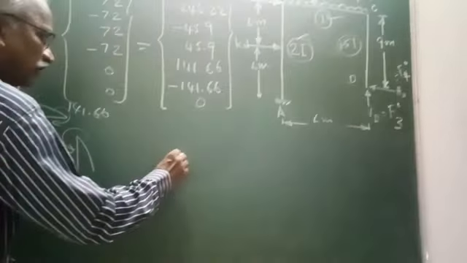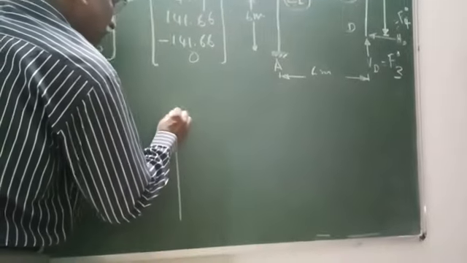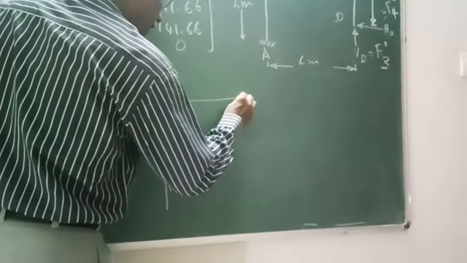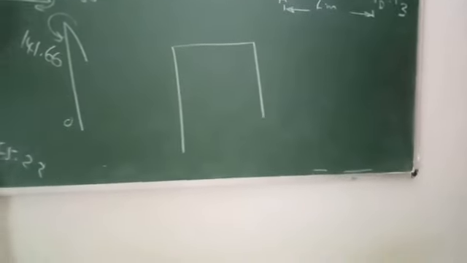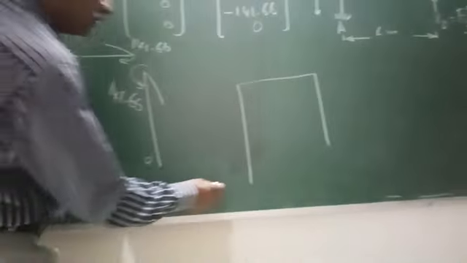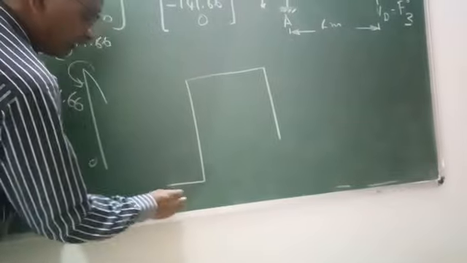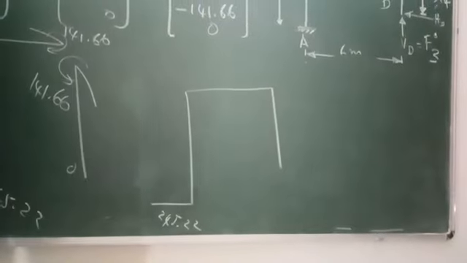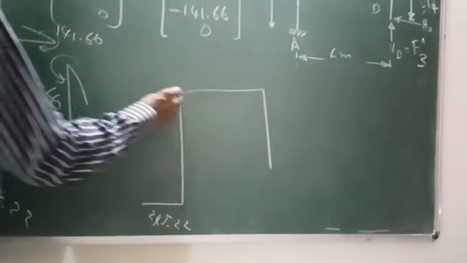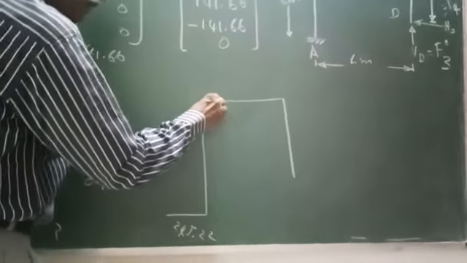Now, we have to draw the bending moment diagram. Support moment diagram first. We'll mark on the tension side 245.22. This is inside 45.9. This is 45.9.